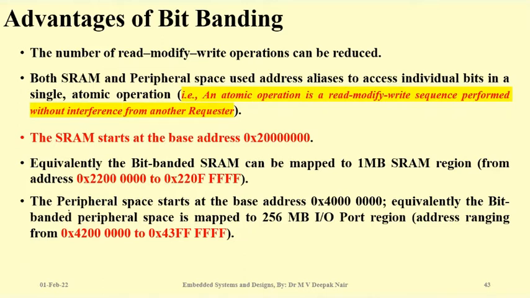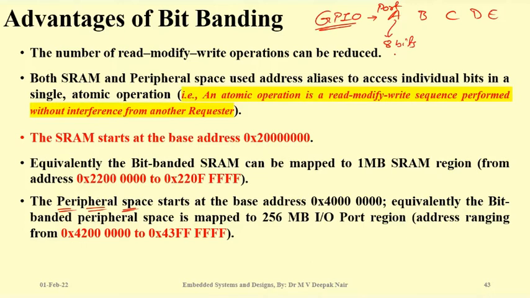Similarly, one more important region of bit banding is for the peripherals. Why peripherals? Like I said, GPIO is a peripheral. When we say GPIO, A, B, C, D, E, these are all GPIOs. Port A contains 8 bits, right?